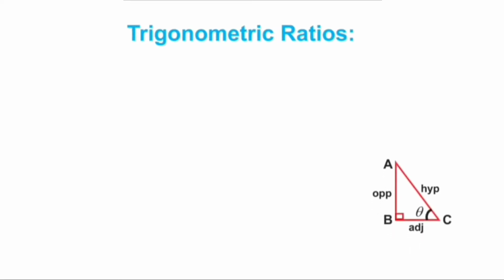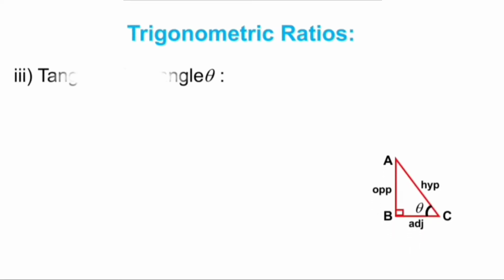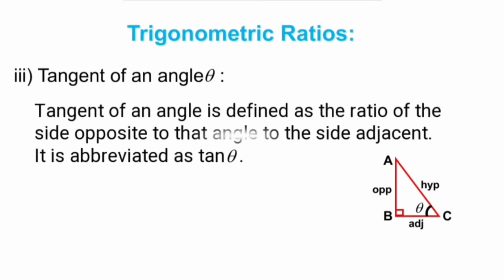Children, the next one, tangent of an angle theta. Tangent of an angle is defined as the ratio of the side opposite to that angle to the side adjacent. It is abbreviated as tan theta.